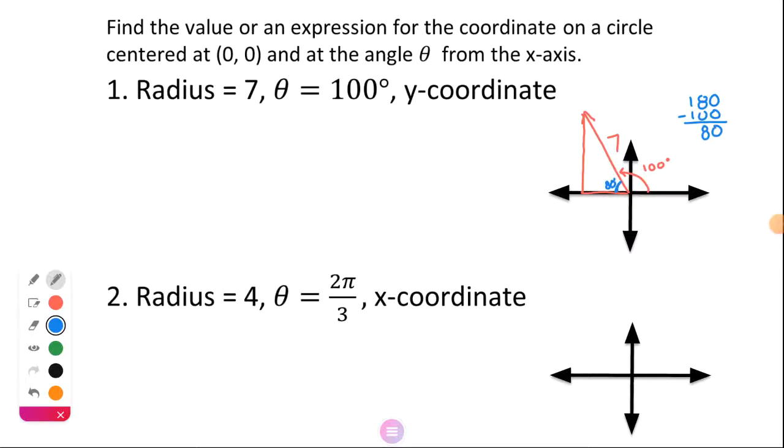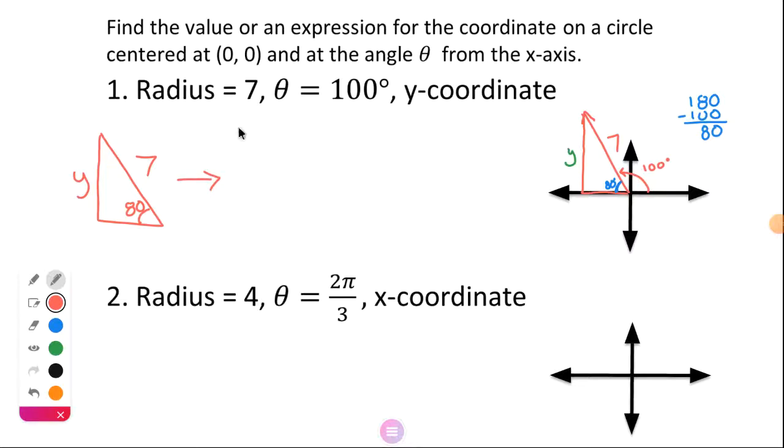So we have an 80-degree triangle with a hypotenuse of 7, which in this case is the radius of the circle. The side we are looking for is our y-coordinate, so that would be this side of our triangle. Now, our goal is to bring this back to the unit circle.